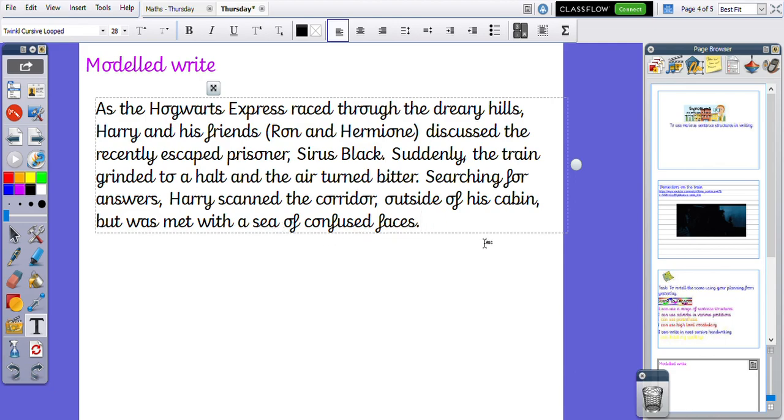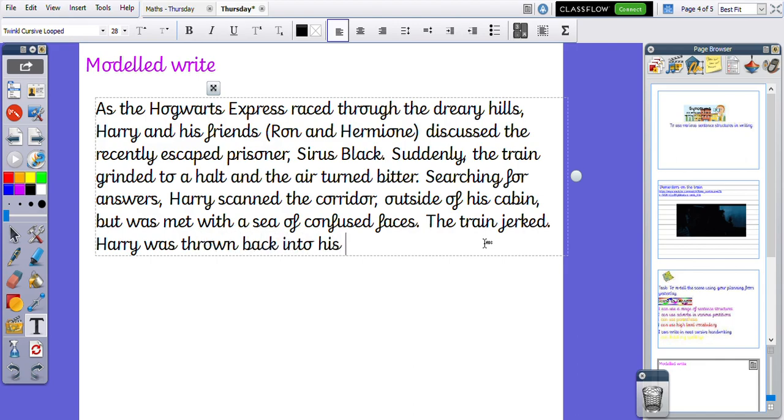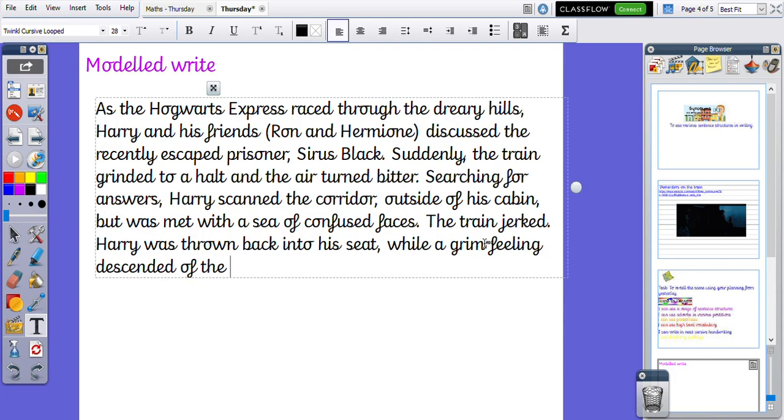Okay, the train jerked. Harry was thrown back into his seat while a grim feeling descended over the train.